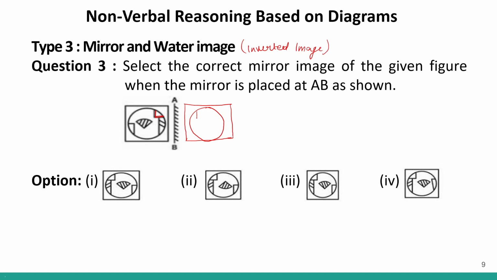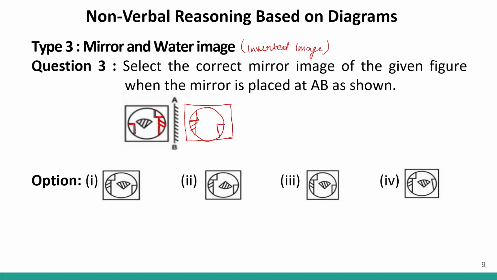So I'll get a small triangle over here. Then beneath this we have something like this. So I'll have something like this. And if my arrows or my lines are going like this, that means in the inverted image my lines will be something like this. Okay. Then again I look over here. There's a small triangle. So I'll get a small triangle over here in my image.